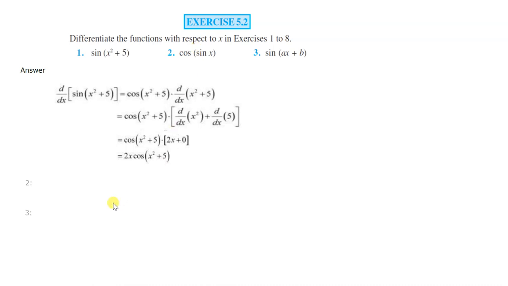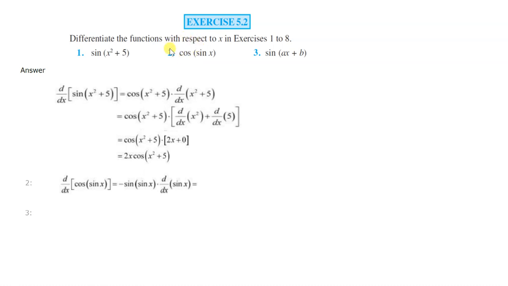The second question is cos of sin x. So again here it is a composition of two functions, sine function and cosine function. So we will use the chain rule to differentiate it. First of all, differentiate with respect to the cos function.